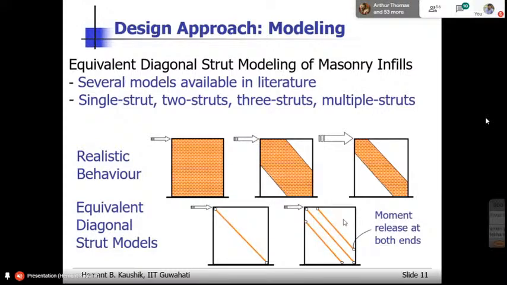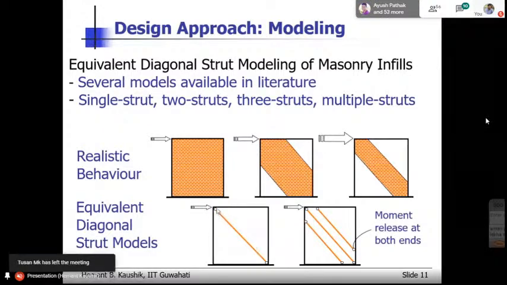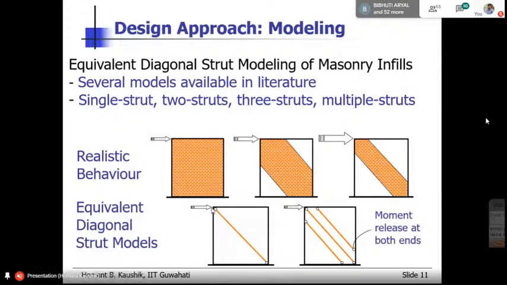So in order to avoid that transfer of that flexural action from the frame to the wall, these hinges are defined here. So whatever flexural action is here, that will not be transferred to the masonry here, that is the strut. So we define these moment releases at both the ends, here as well as here. So there is a way in the software that you can actually define these moment releases.